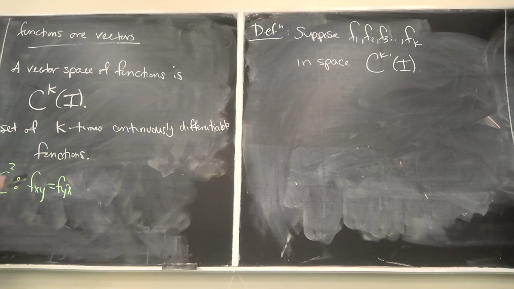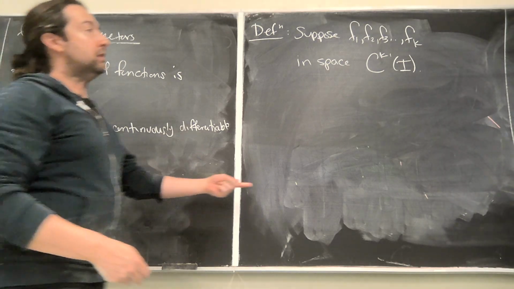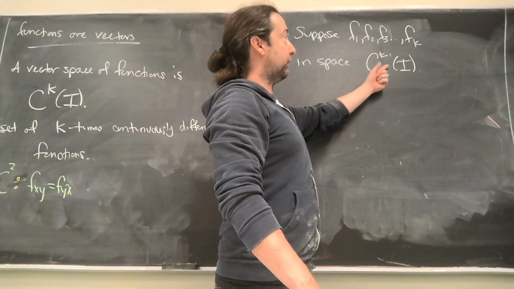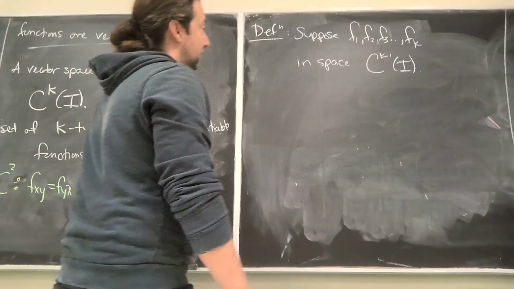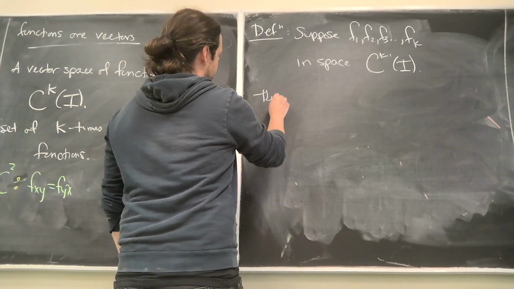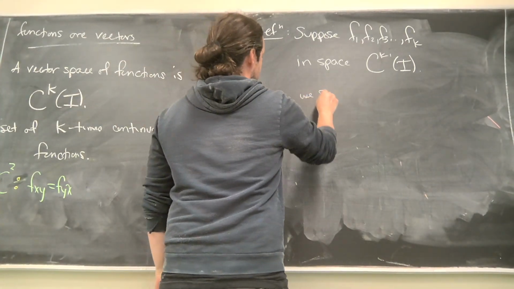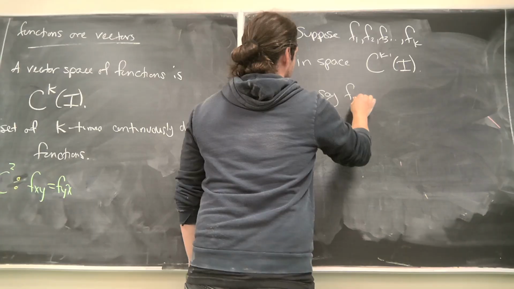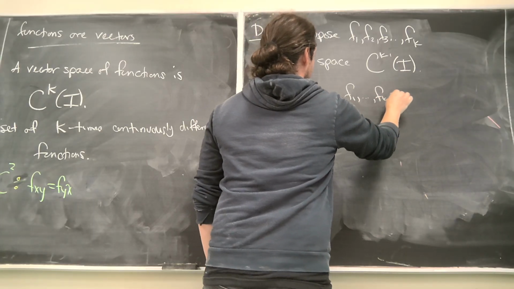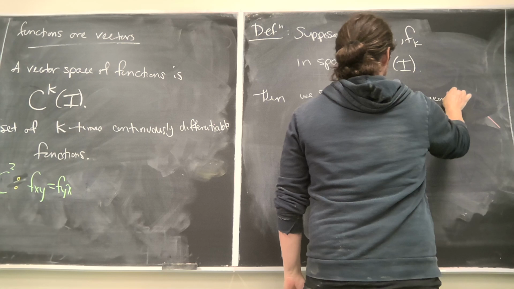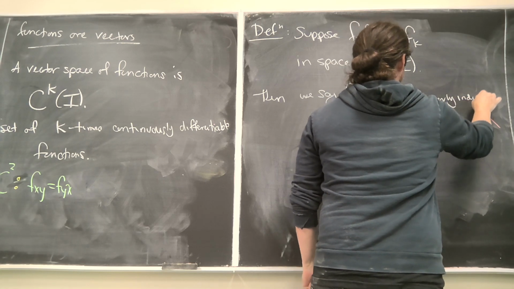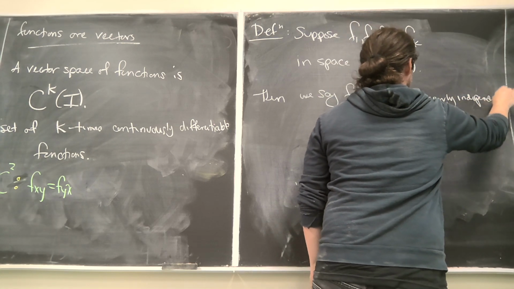There's no f0. There's just a list. I'm going to need the k minus 1 derivatives because I'm going to define the Wronskian, and I only need to take k minus 1 derivatives of k functions. Then we say f1 up to fk is a linearly independent set. In fact, you should be able to predict this.